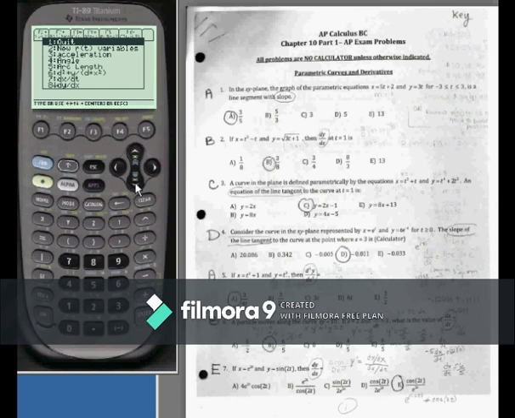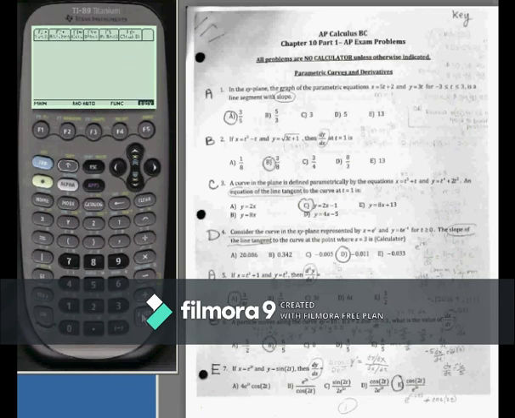We're asking for dy dx again, so let's scroll down here to that. dy over dx, and when we divide it out we get minus e to the minus 2t times cosine of 2t.